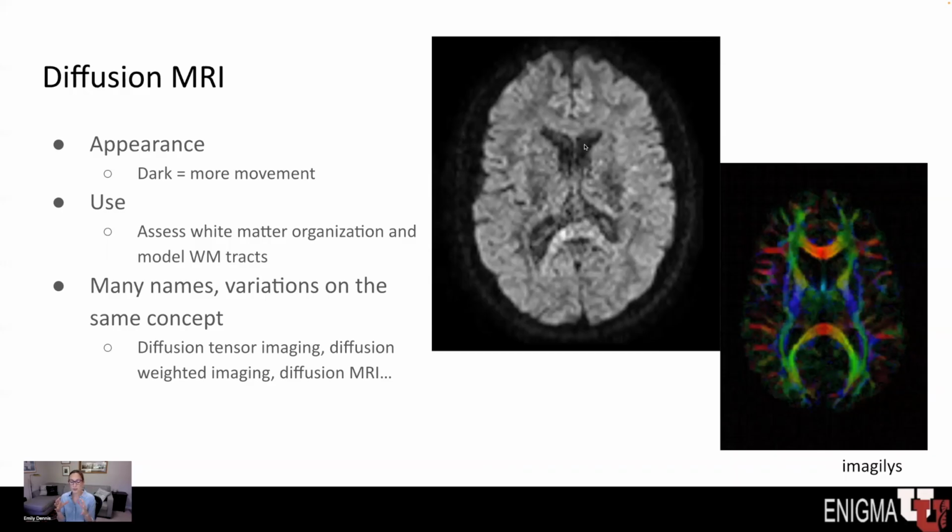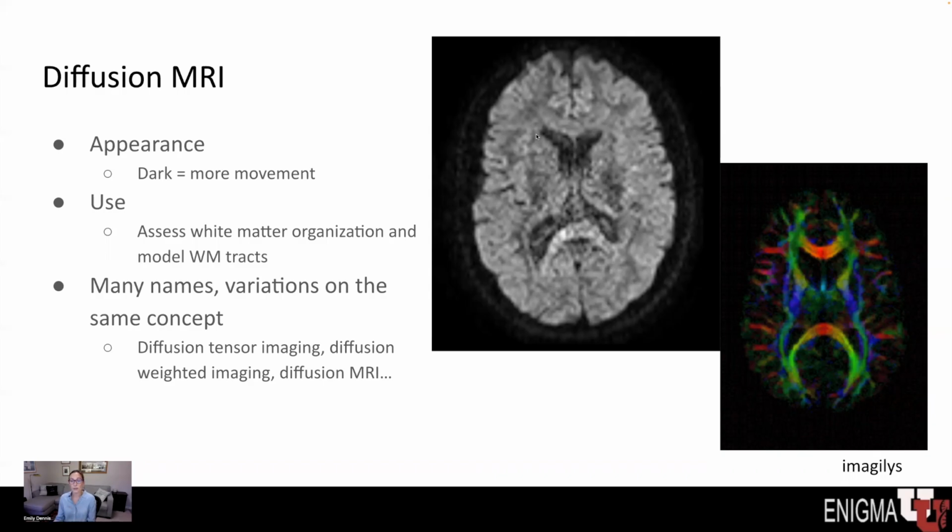If you imagine you're trying to assess how quickly cars are moving on a road, just taking a picture at one location is not necessarily going to help you. But if you can have multiple views, you can assess how fast things are moving. And that's what we do with water, which is generally constrained within the neuron. So that's what we're looking at.